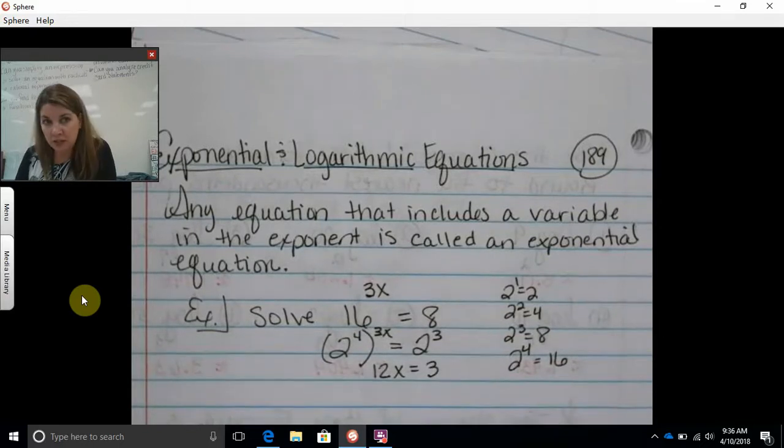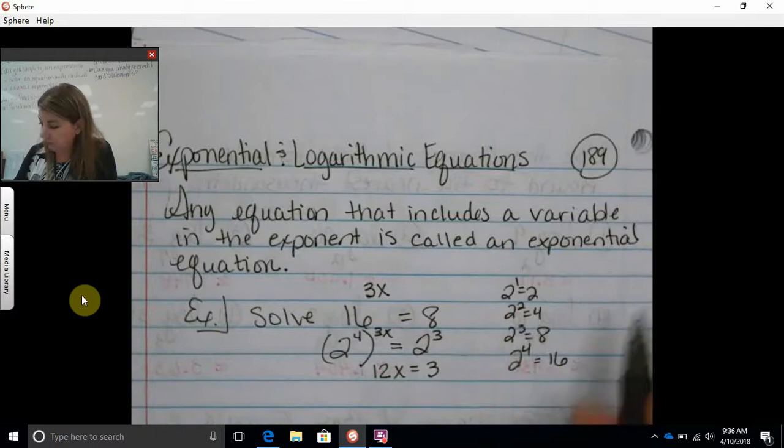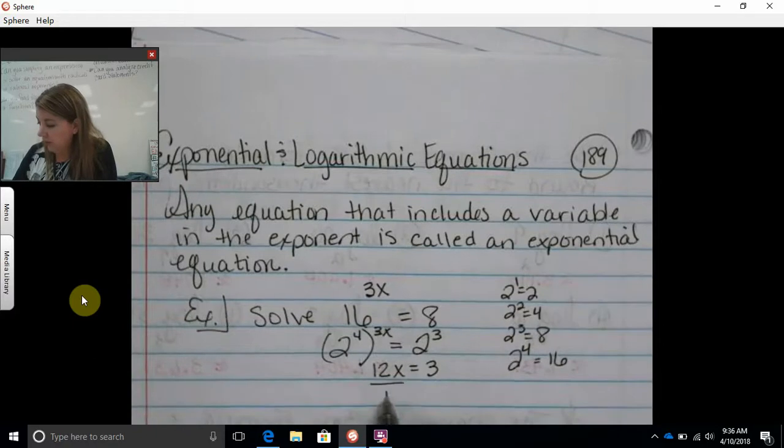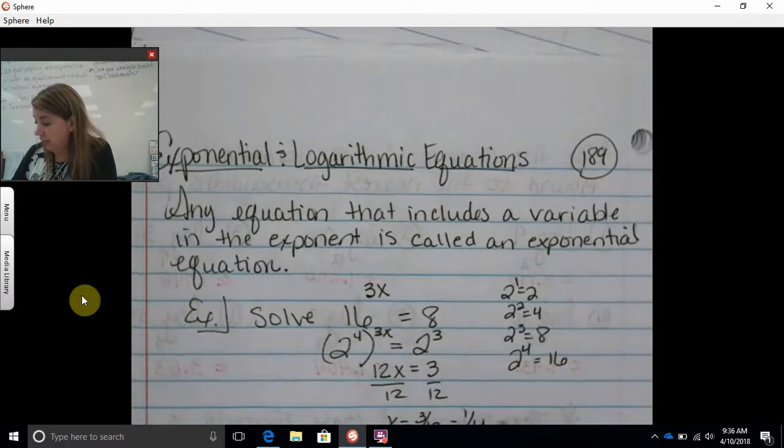If our bases are equal, then our exponents must be equal. Then what would I do? Divide by 12. X equals 3/12, which reduces to 1/4, or you could say 0.25.